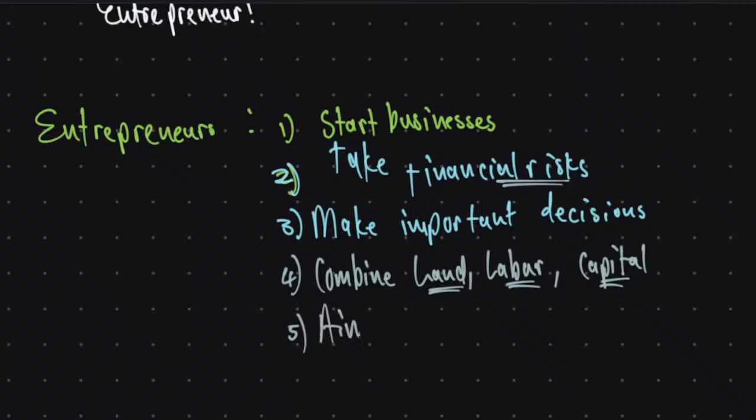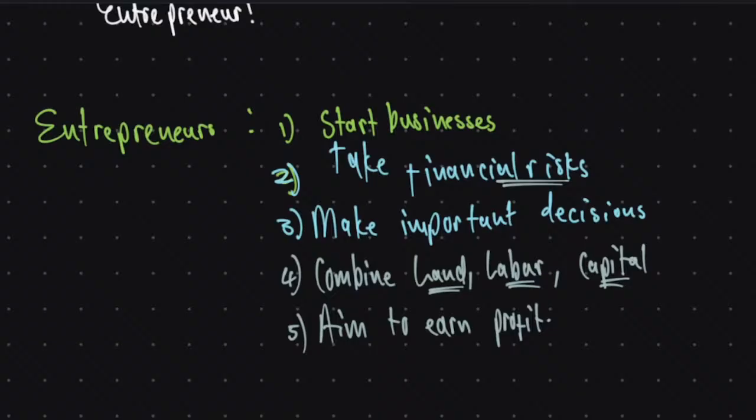And you aim to earn profits. So without an entrepreneur, the other three factors won't be organized effectively. The land, the labor, the capital, the entrepreneur brings them together. It could be a CEO, right? The person who is willing.